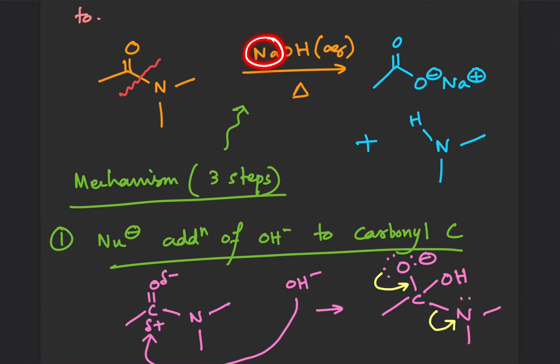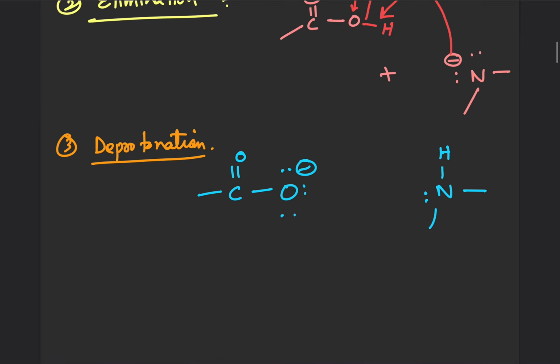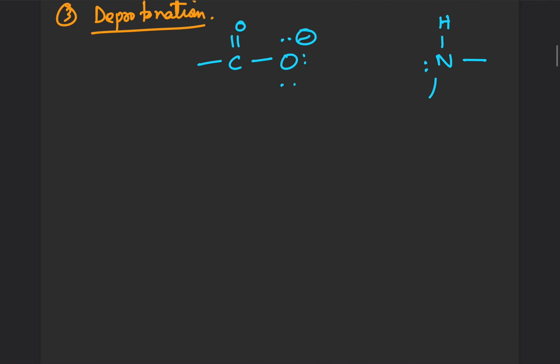So that Na plus comes and combines with the carboxylate anion to give us the carboxylic acid salt. So we'll end up with the end products being C double bond O Na plus, and N with a lone pair connected to one H and two other groups. Okay, this is how the base-catalyzed hydrolysis of an amide takes place.